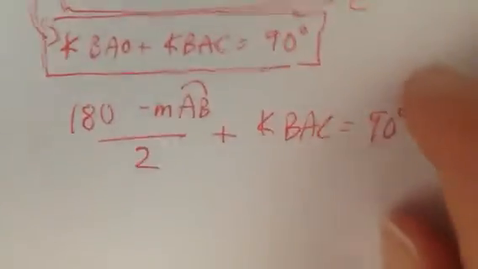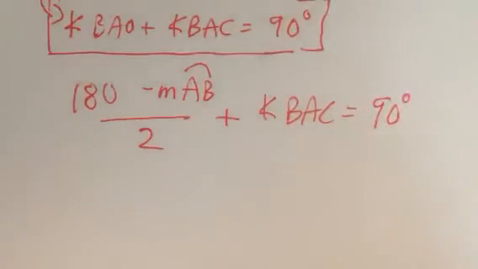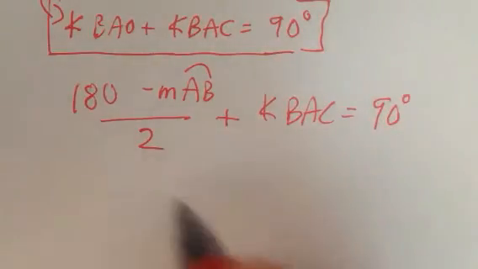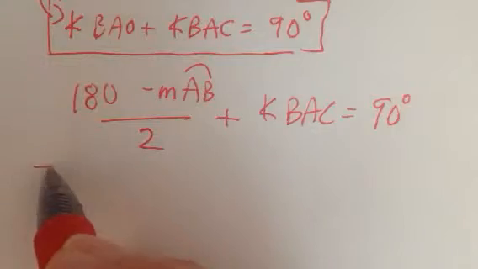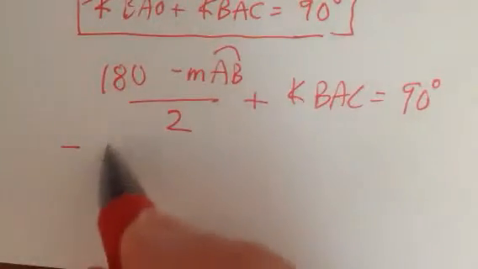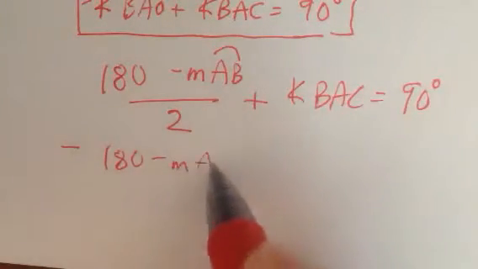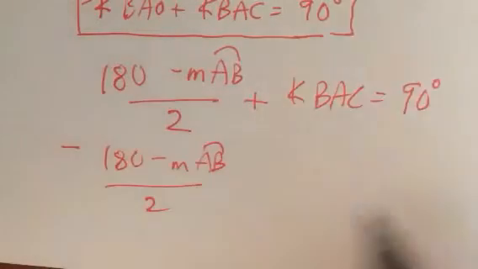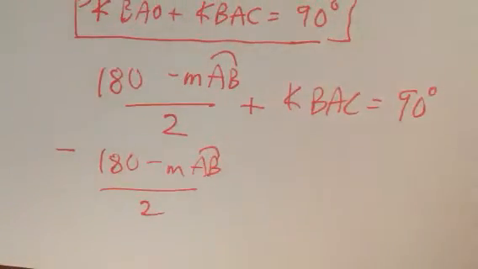Let's now move things around a bit. We can subtract 180 minus measure of arc AB over 2 from both sides. Move this onto the right side. Let me redraw what we'll have when we do that.